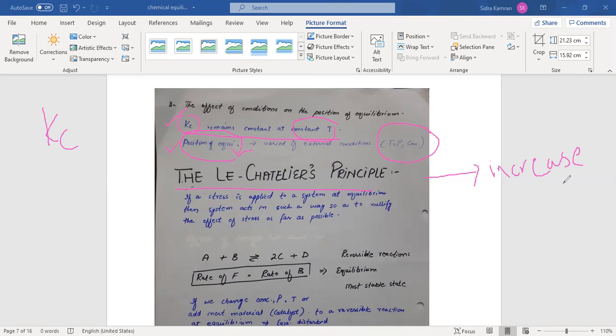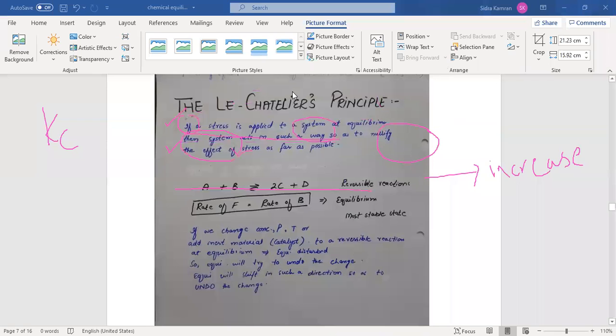So let's start: by changing which factors can we get our product in a higher amount? Let's talk about it. As we know, equilibrium of a reaction is when the rate of the forward reaction and the rate of the backward reaction are equal.